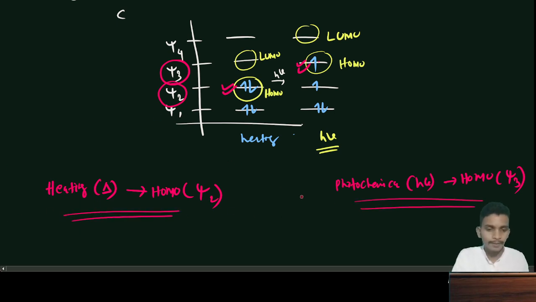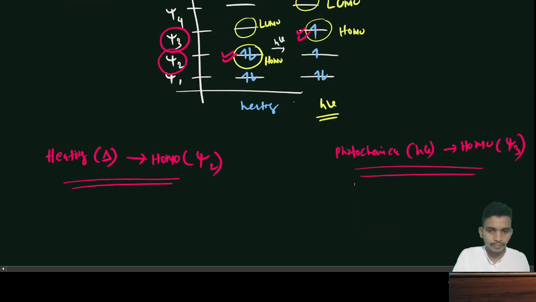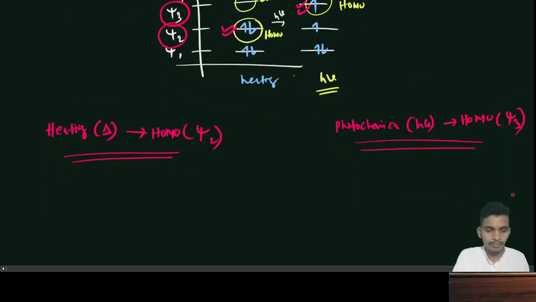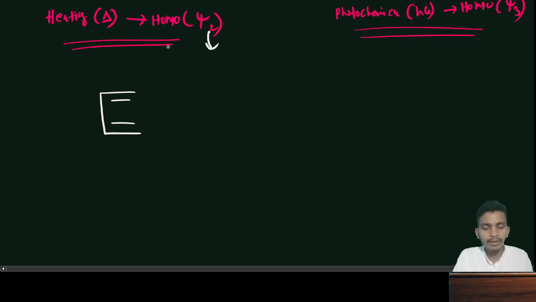HOMO is psi 3. So what we will do is make these bonds. Here we need psi 2. If it is an even number, then the terminal lobes have different signs.